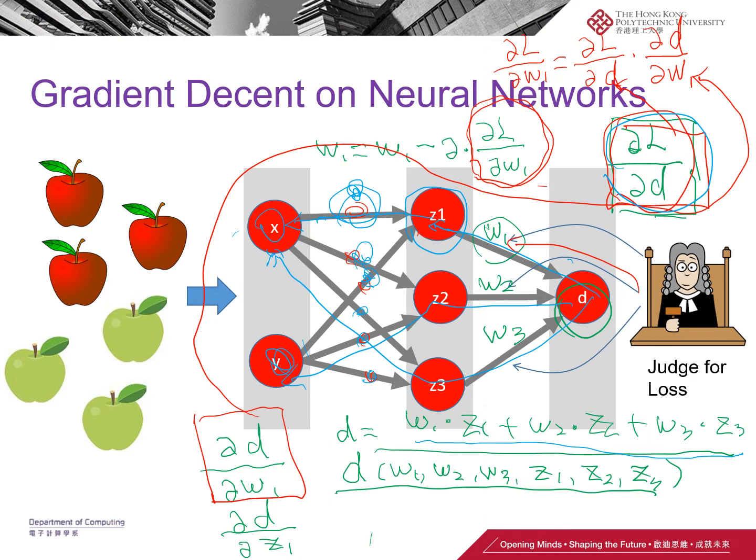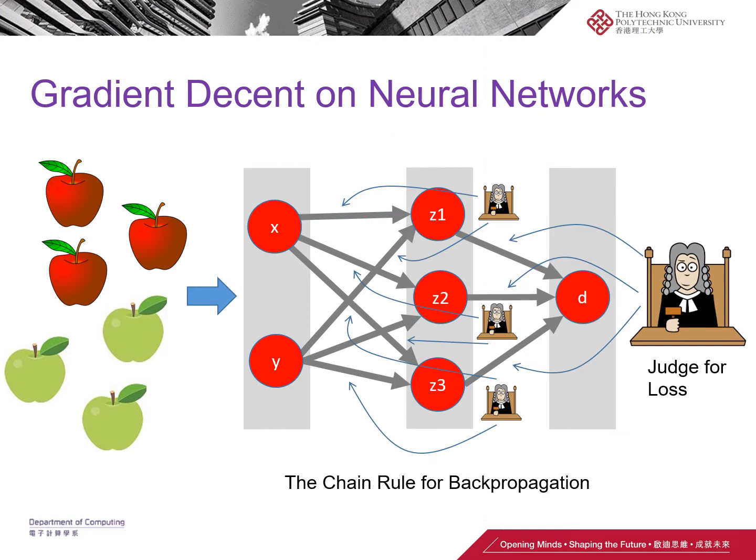So this gradient descent process, the way of using gradient descent in neural networks for updating the parameters, is called back propagation, because we back propagate the partial derivative step by step, node by node. If you put everything together, you have back propagation: propagate back, propagate back, propagate back.